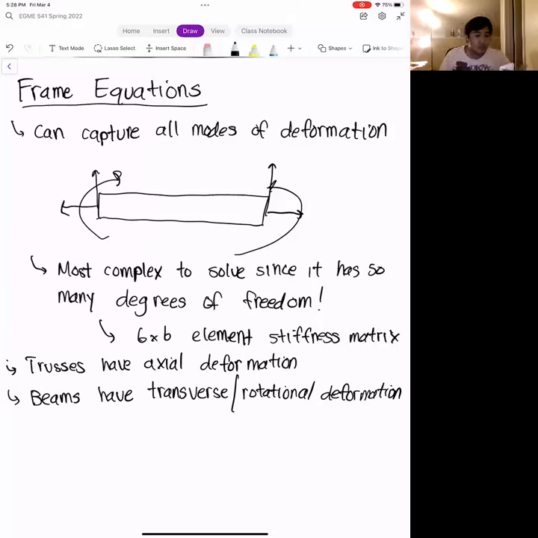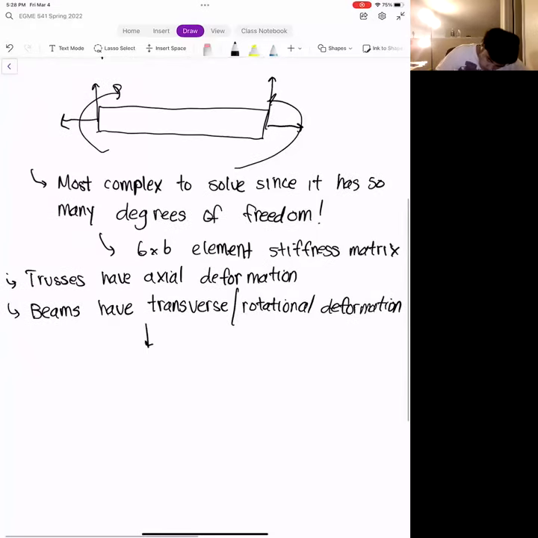Right. And so one way that you can look at frames is just simply the combination of these two together. Okay.